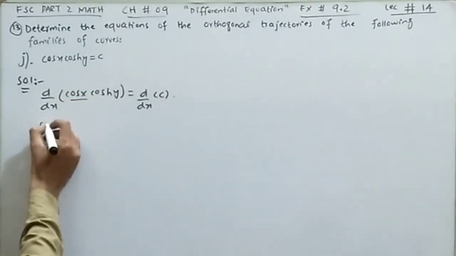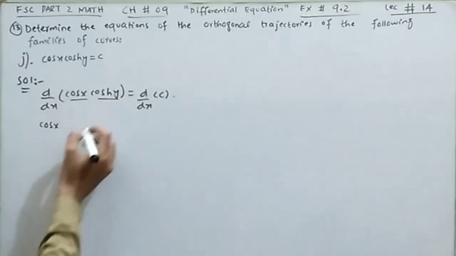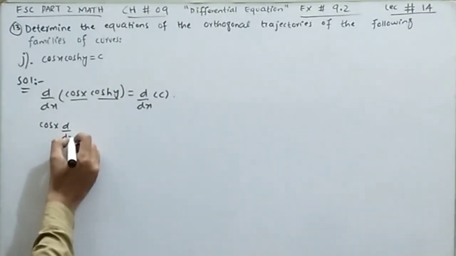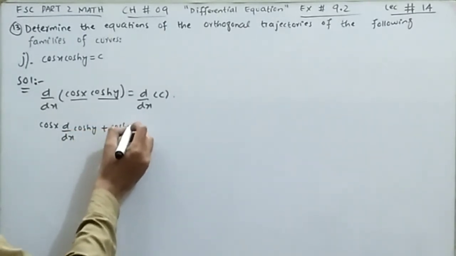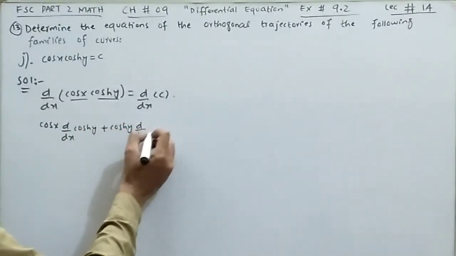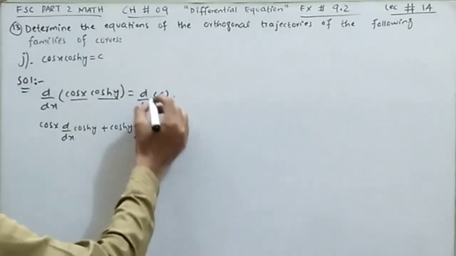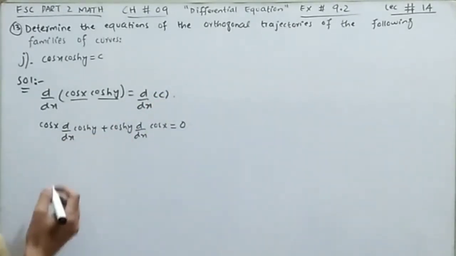So first function times the derivative of the second function, plus the second function cos hyperbolic y times the derivative of the first function cos x, is equal to the derivative of constant c, which is 0.